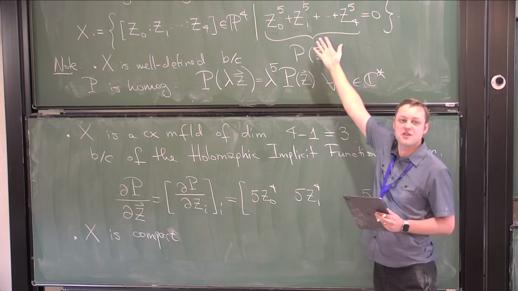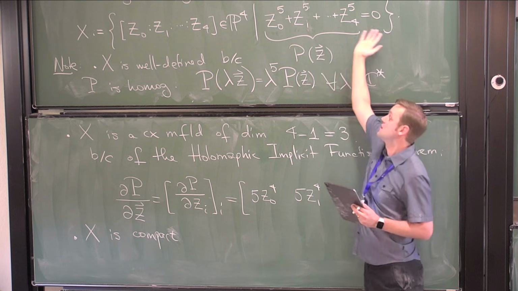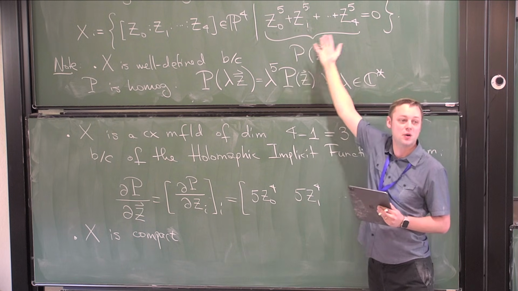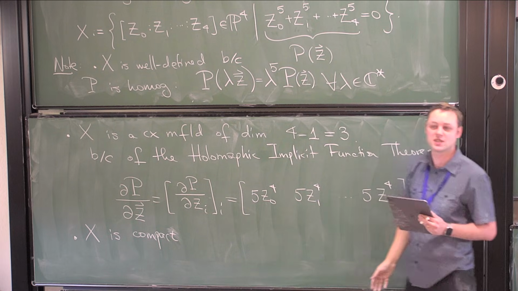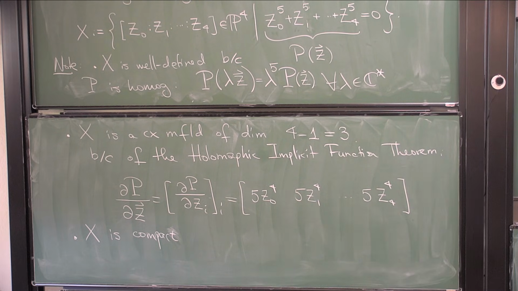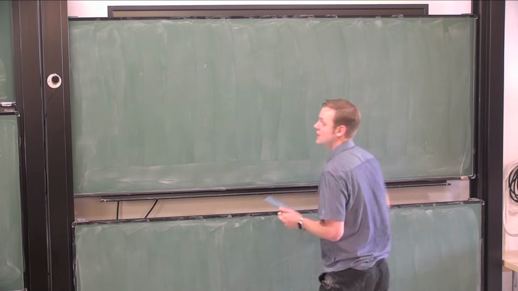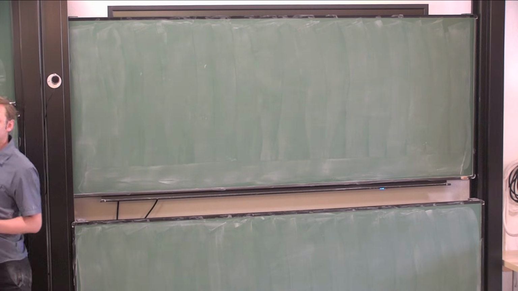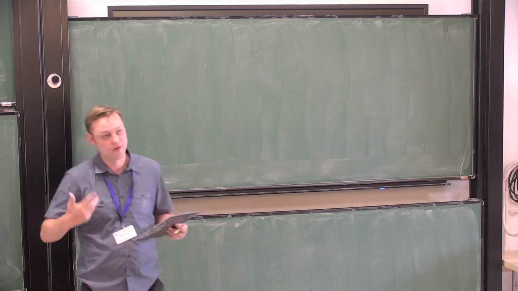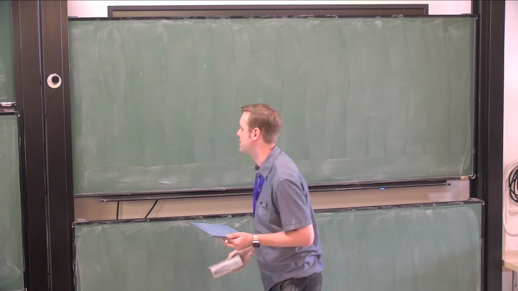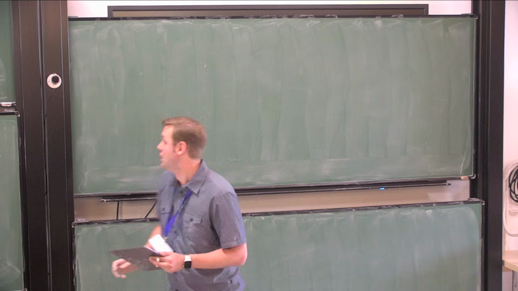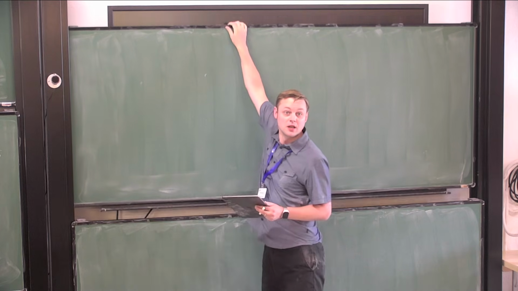This one in particular is very famous because this is the type of equations that Fermat was studying, so that's why we call it the Fermat quintic. And the image that I showed you on my iPad at the beginning was the image of this Fermat polynomial, or rather some slice of it. Any questions so far?